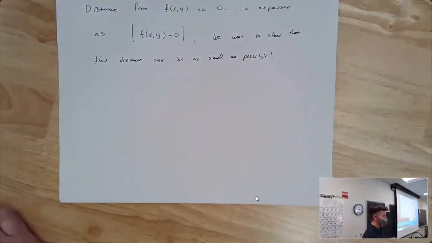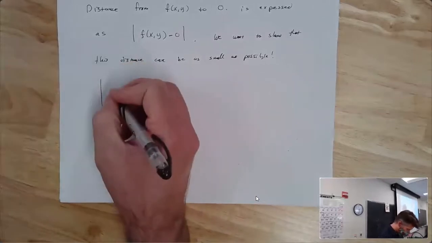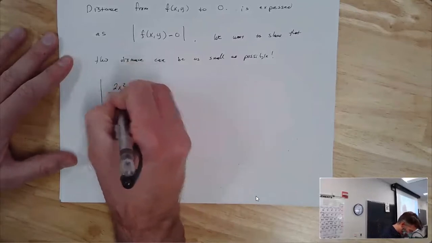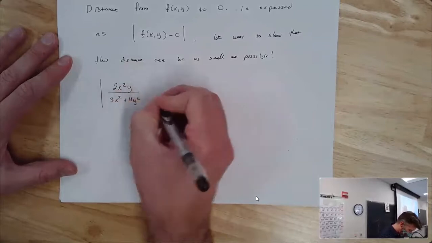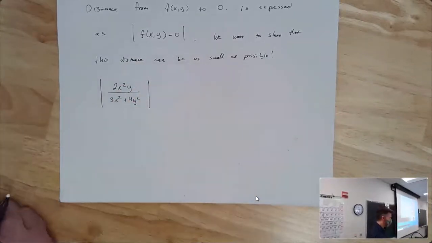Okay, well, let's actually write in the function that we're dealing with. So we want to show that this distance, and the function was 2x squared y over 3x squared plus 4y squared, minus 0, I didn't write that. Okay.